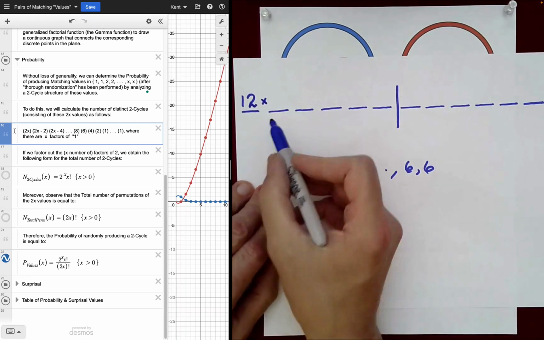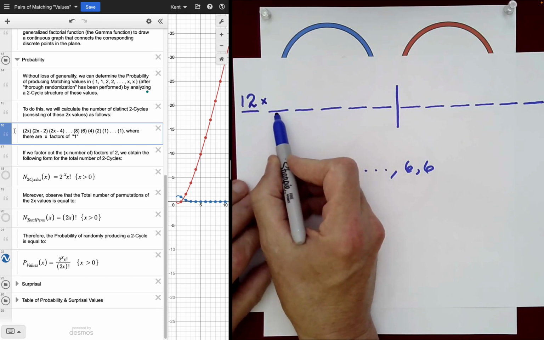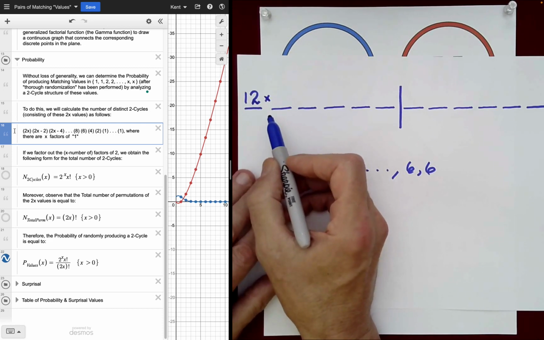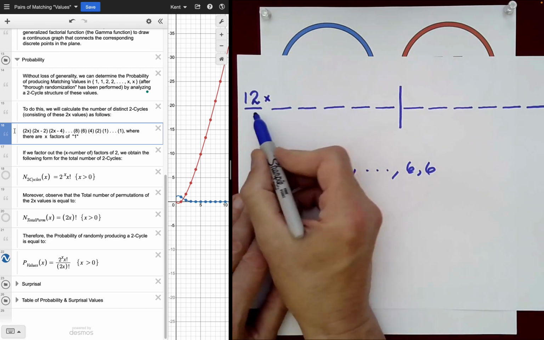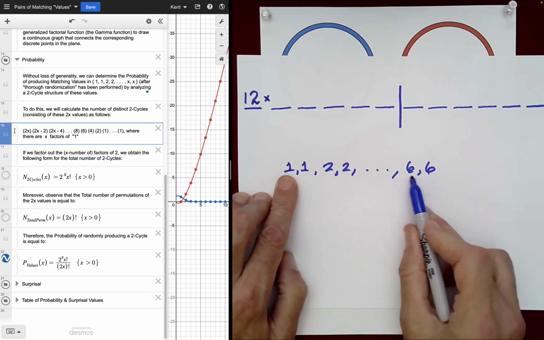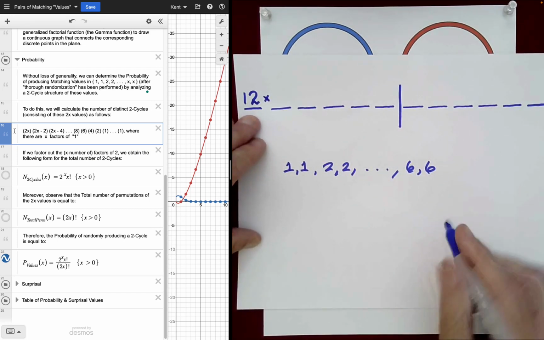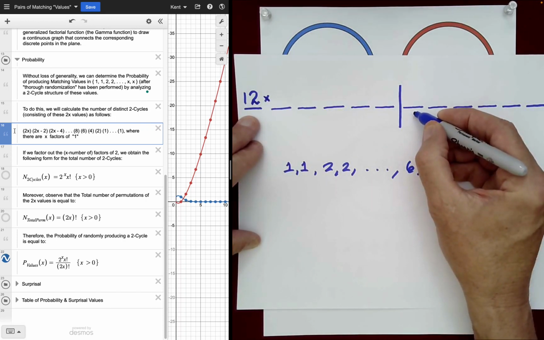Well, how many choices do we have for the second position? And why is it not 11? So just think about it. The moment you put one of these, like right there, what do you know has to go over here if it's going to be a two cycle?